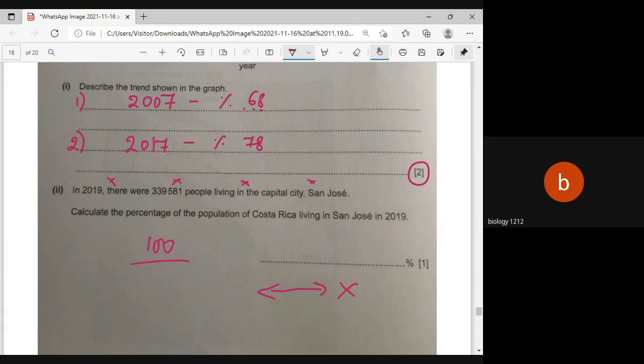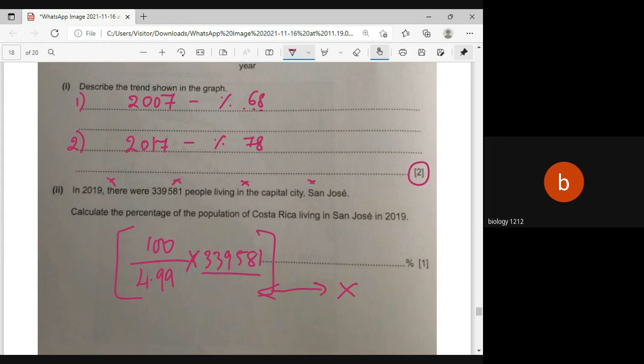So if you remember, it was 4.99, right, in the previous one, right? 4.99, whereas here we have 339,581. If you use the calculator to find out, the percentage that you will get will be 79 around.